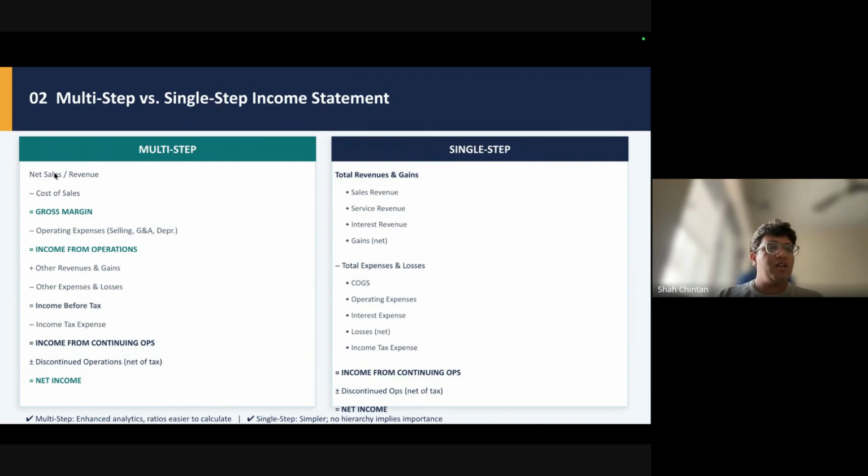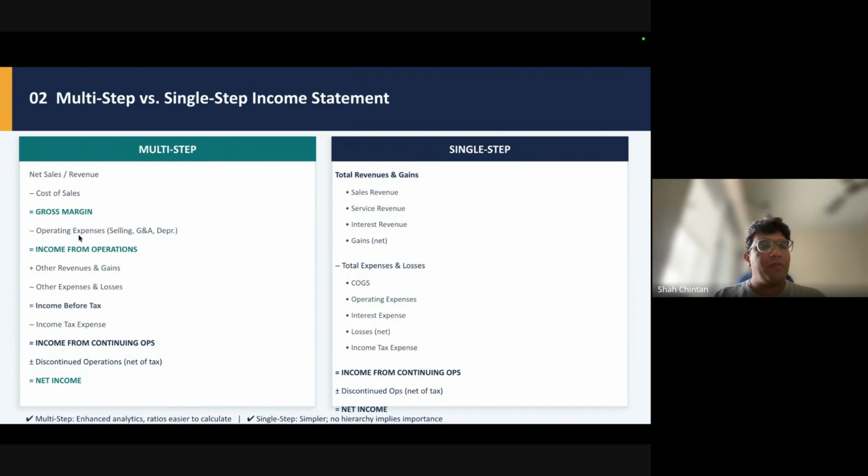तो आप शुरू कहाँ से करोगे? You always start with net sales, which is the revenue from operation, minus cost of sales, you get a gross profit. From this gross profit, you reduce your operating expenses. So all those expenses which are incurred to run the business. This can be selling expenses, general administrative overhead, depreciation, wages, taxes, bad debts, anything which is directly associated with your day-to-day business.